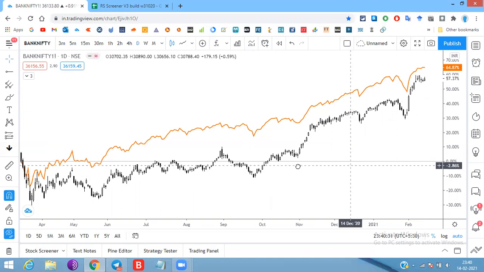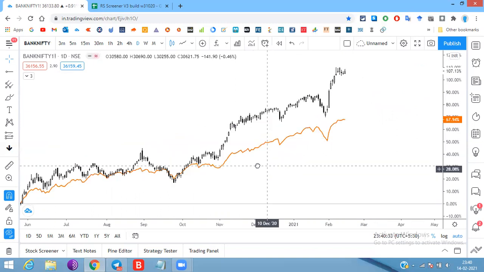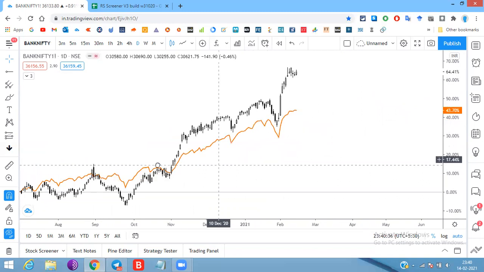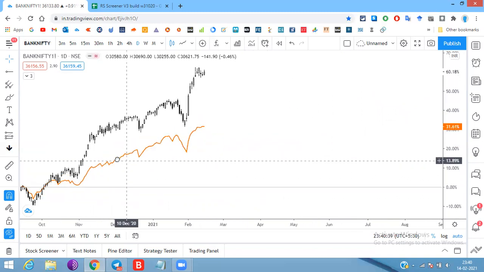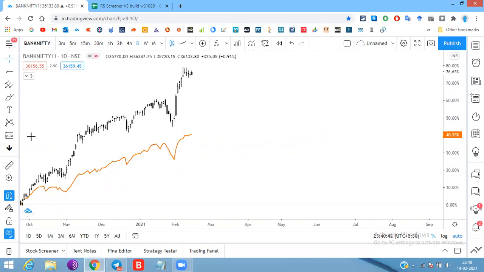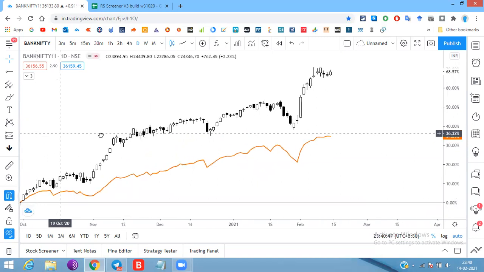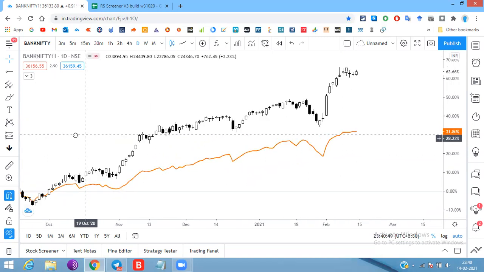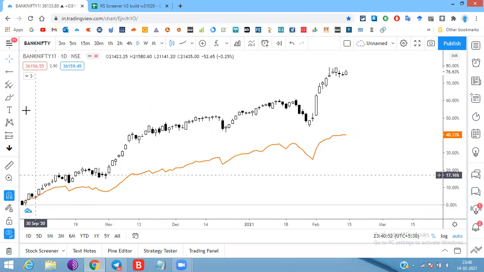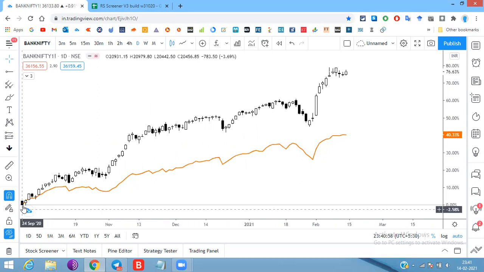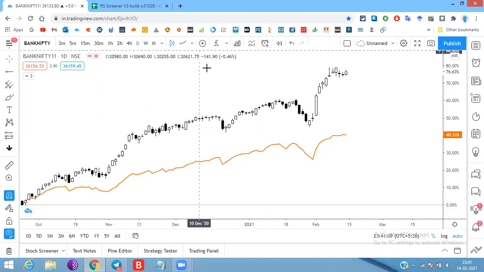We will track this whole chart to the left. Let me zoom in. So your 24th of September will be touching this border line. And when this horizontal line reaches the closing candle of 24th September, from that day the calculation of the compare indicator starts.